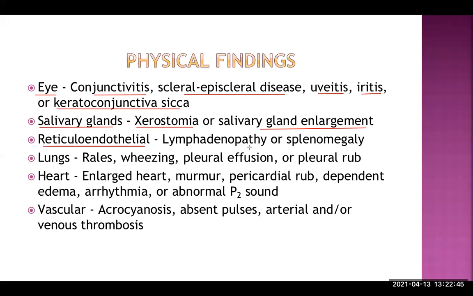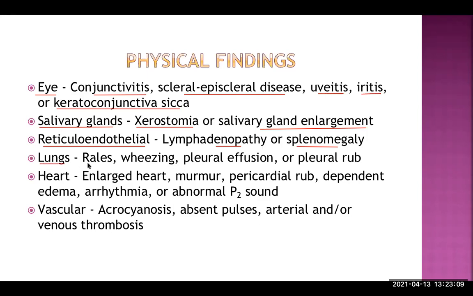Reticuloendothelial system will show lymphadenopathy or splenomegaly. These are quite commonly seen in connective tissue disease. These lymphadenopathies are generalized, and many of them are non-tender because this is not a case of infection.